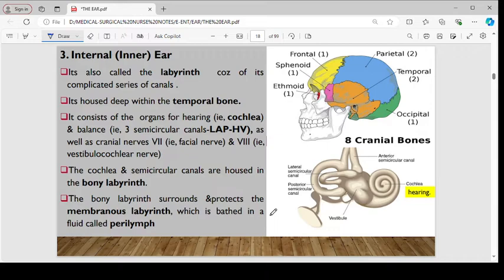The inner ear, or the internal ear, is also referred to as the labyrinth. Why is the inner ear referred to as the labyrinth? Because of its complicated series of canals, right?